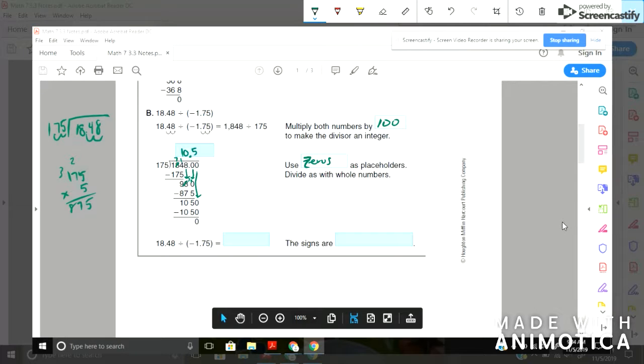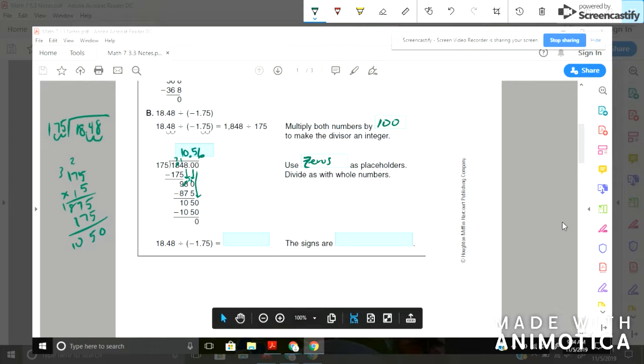Well, 175 times 5 was 875. If I were to add another 175 to that, what would I get? That'd be 10, and that'd be 15, and that would be 10. Perfect. So this was 5 times, add another 175 would be 6 times, and then I have no remainder.